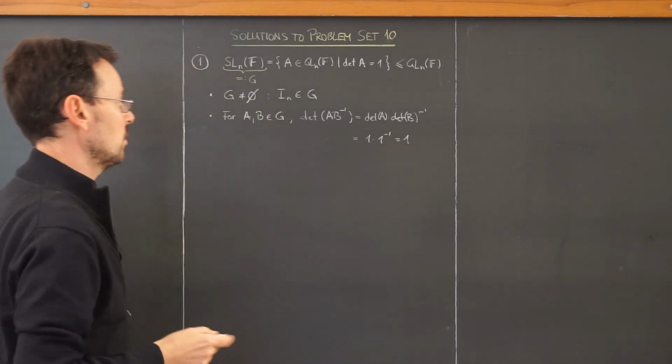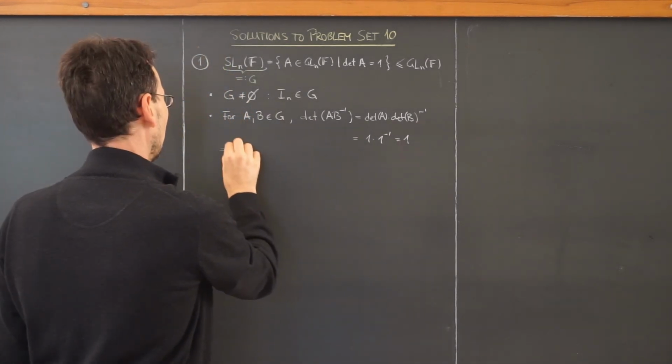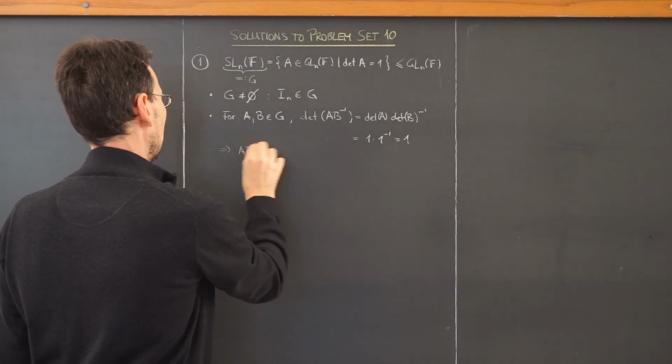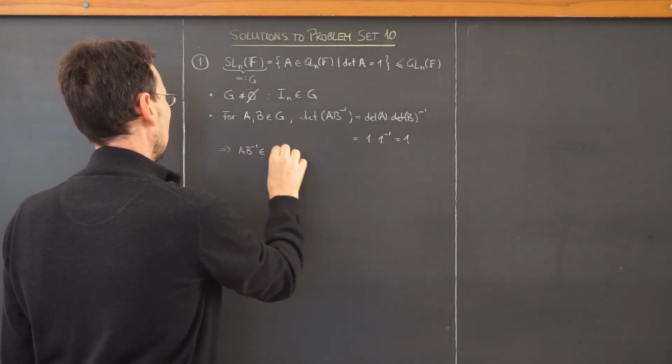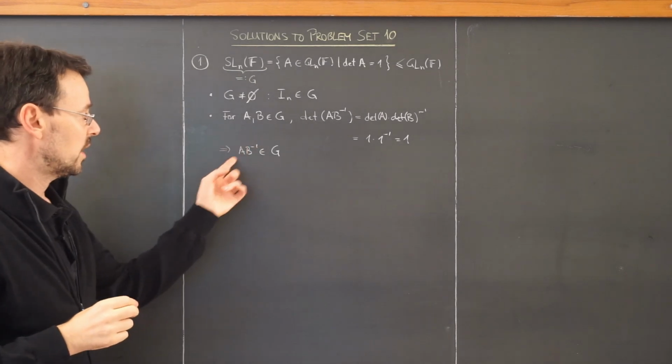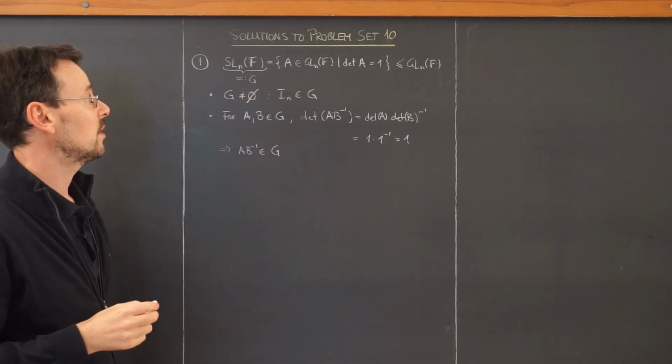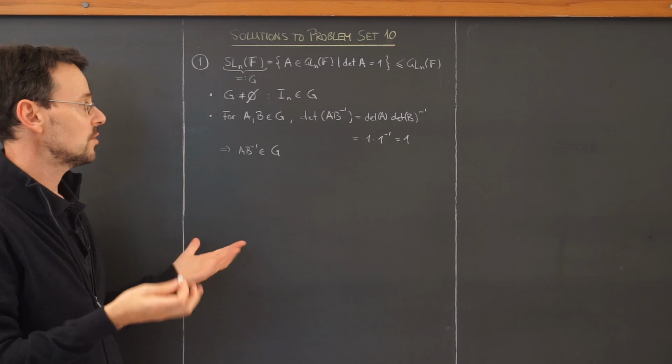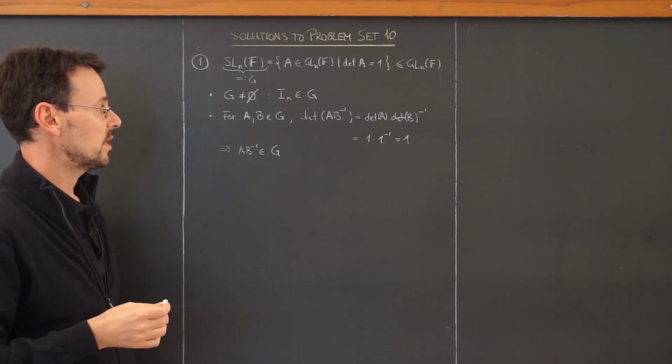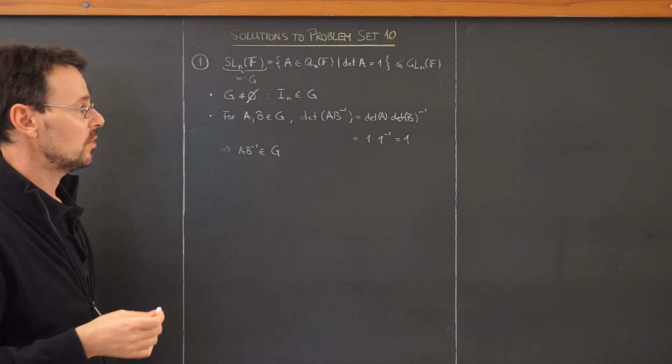So this is 1, meaning that this product A B inverse again is an element of SL_n(F). So by the condensed subgroup criterion, the claim follows.